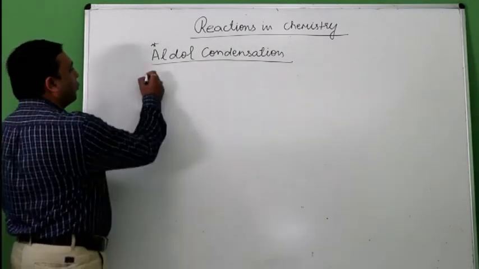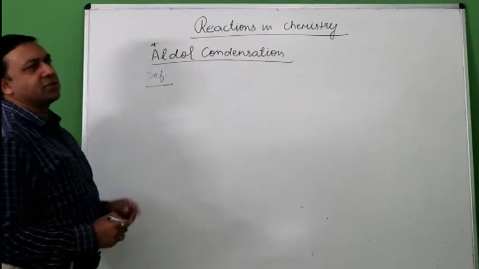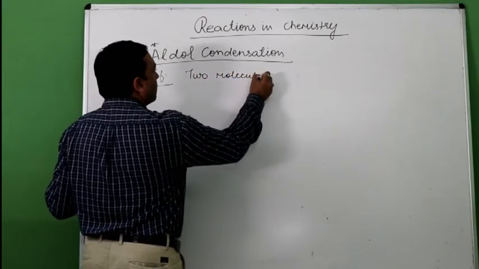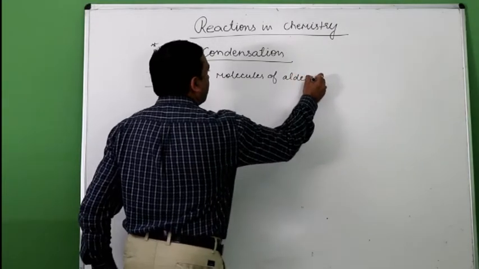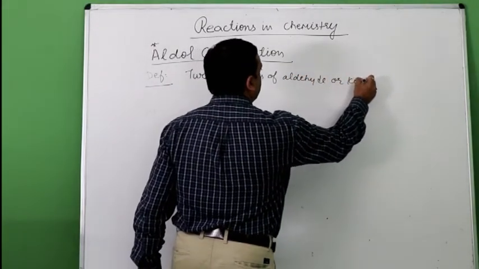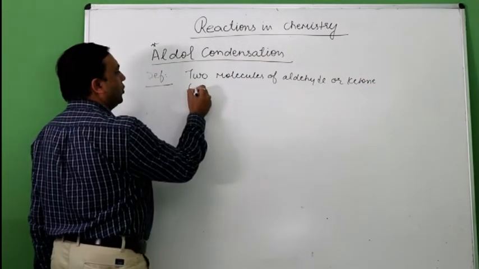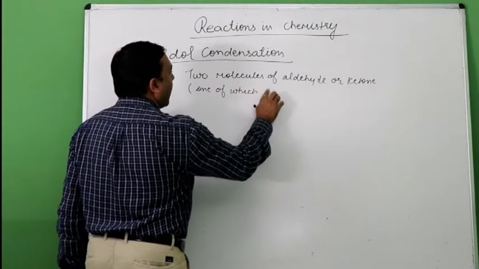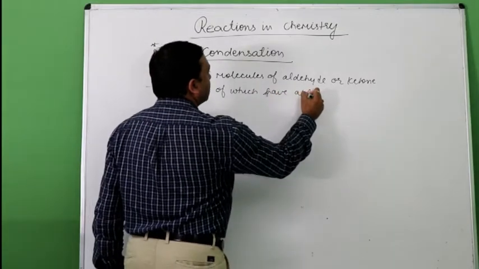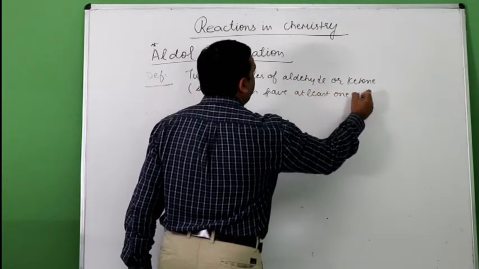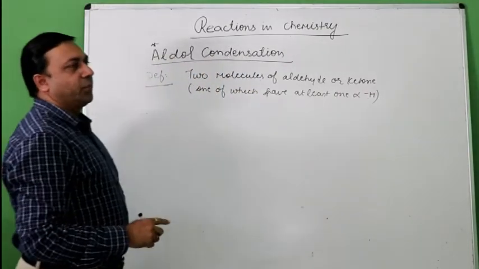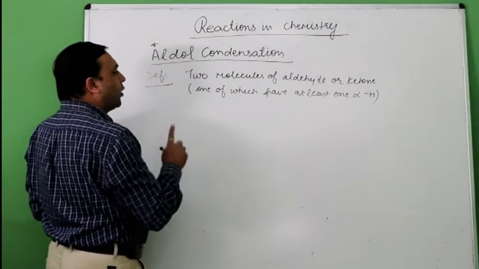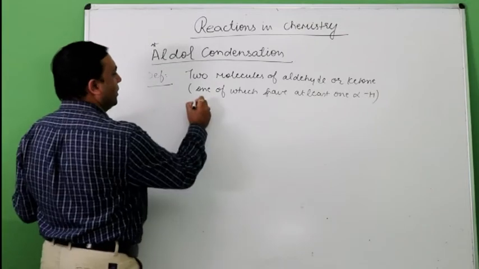So first I define what Aldol condensation is. The definition says: two molecules of aldehyde or ketone, one of which must have at least one alpha hydrogen.